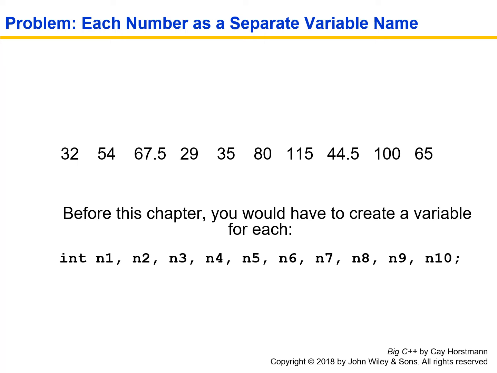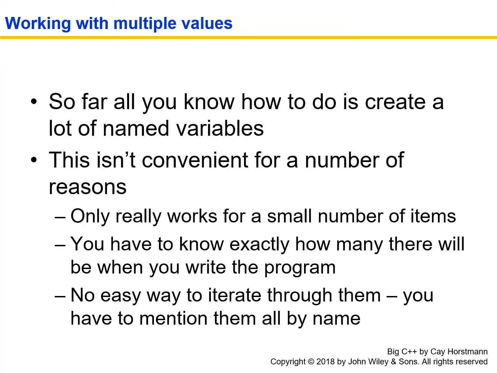Else you'd compare n1 to n3, and so forth and so on until you'd compared all possible combinations of numbers and found the one that was largest. That's not convenient for a number of reasons. As we can see, even with 10 numbers, that approach gets very cumbersome.